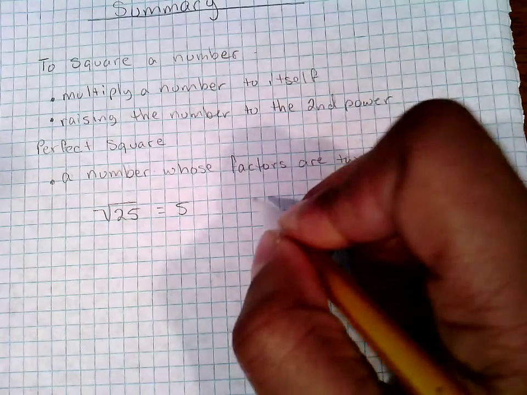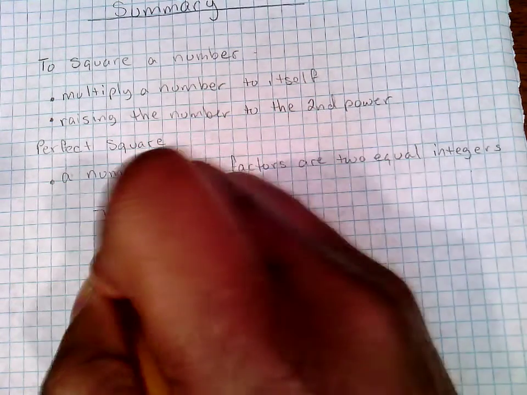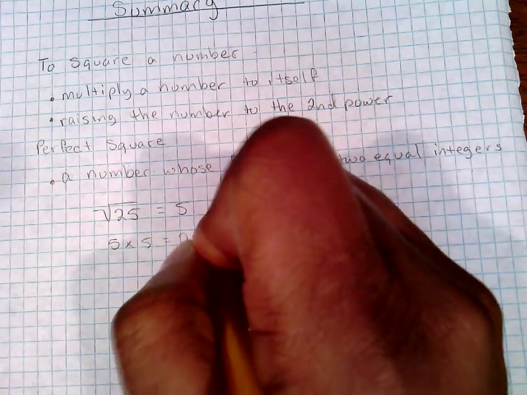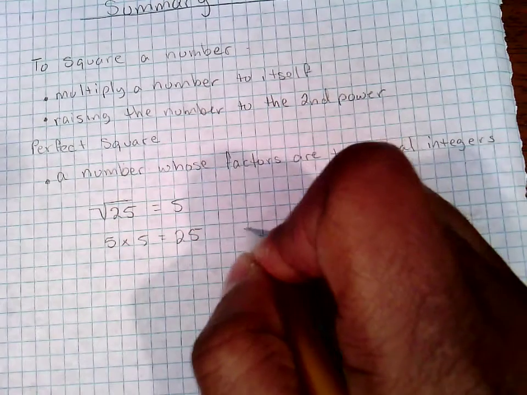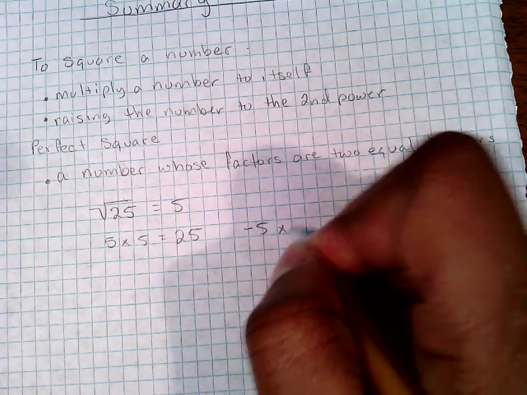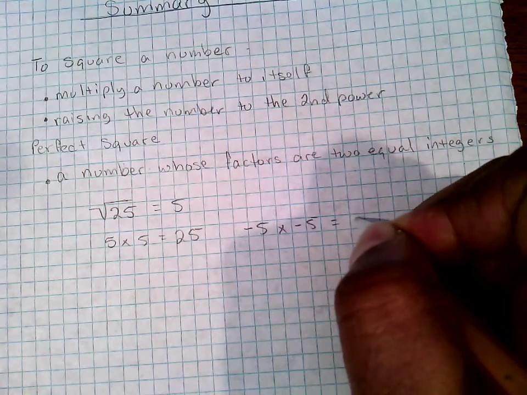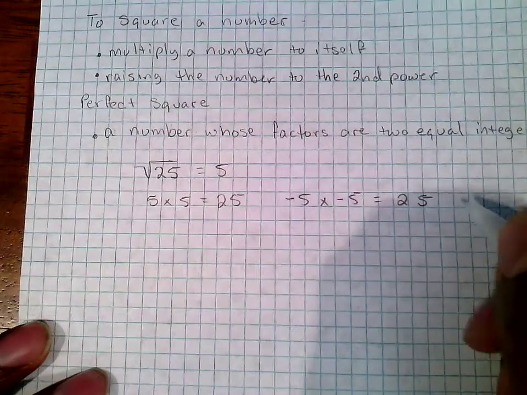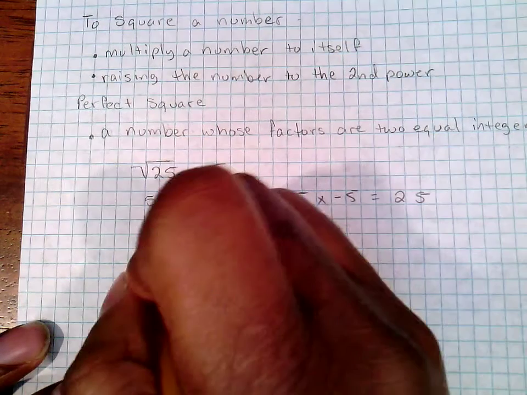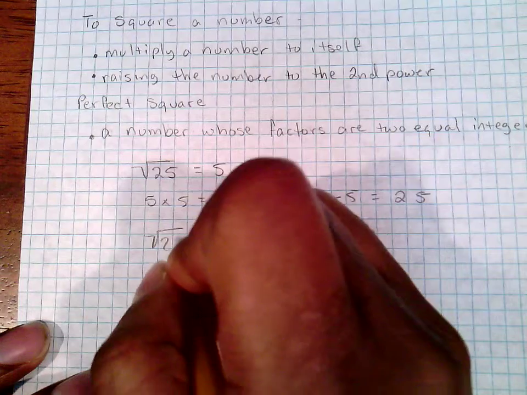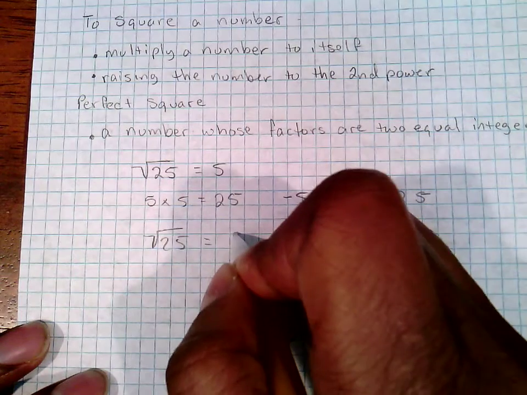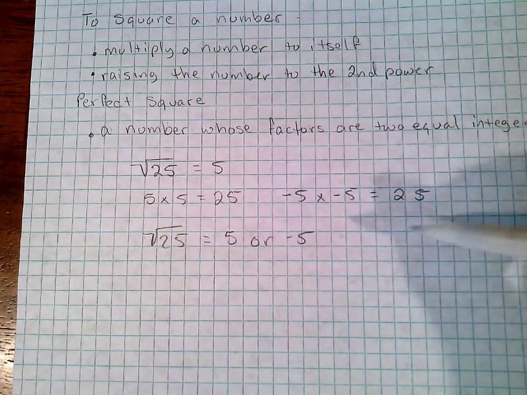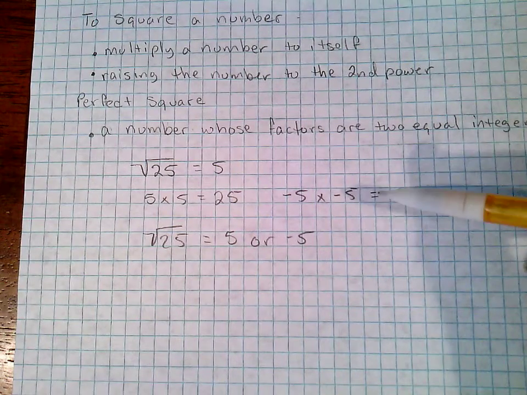Also, we know that 5 times 5 is 25, but also negative 5 times negative 5 is also 25. Therefore, the square root of 25 can be 5 or negative 5.